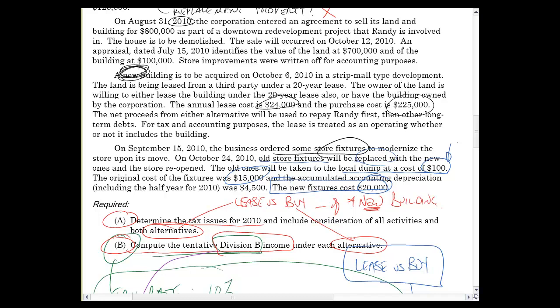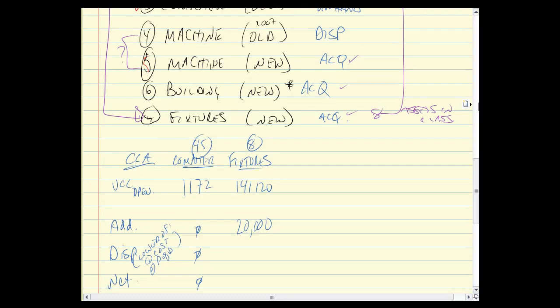And so you have to pay someone else to get rid of them. And so you have a negative 100. So what do we do on the CCA schedule when it costs us to get rid of something? Well, we add. So this is negative 100, but because we put disposition, we're taking that out of the class. It's a double negative. Okay, so there's 100.